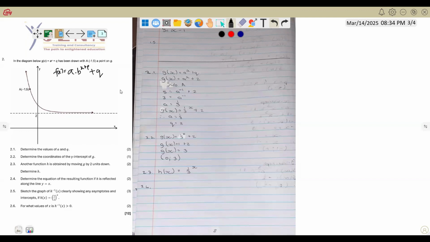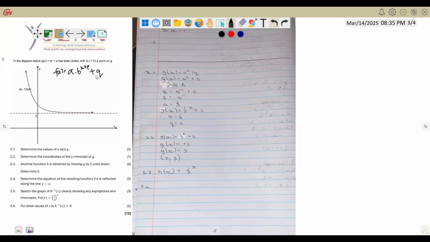Then this q tells us about the vertical shift, and it also represents the equation of the asymptote. Is that clear? Yes, sir.